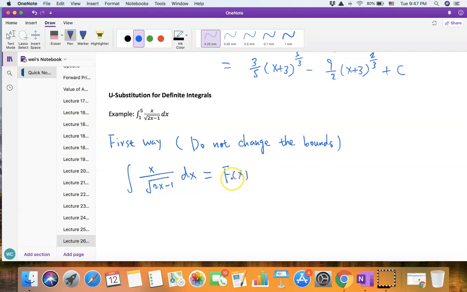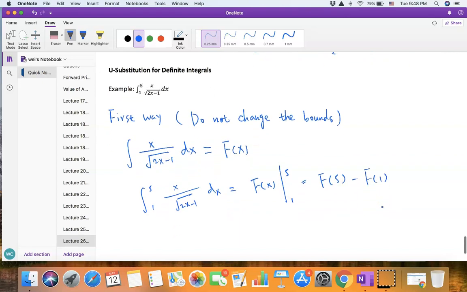And once we find this function capital F(x), then we use the first fundamental theorem of calculus. Then we can know this definite integral equals capital F(x) from x equals 1 to 5, which equals capital F of 5 minus capital F of 1.